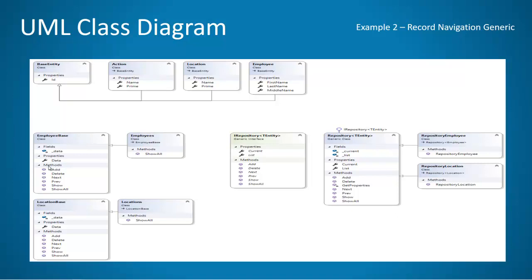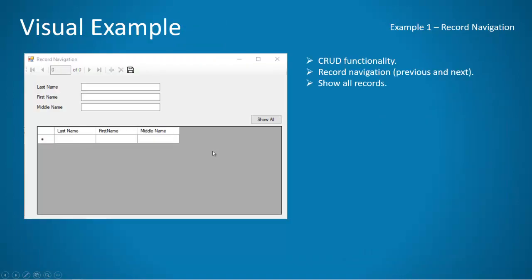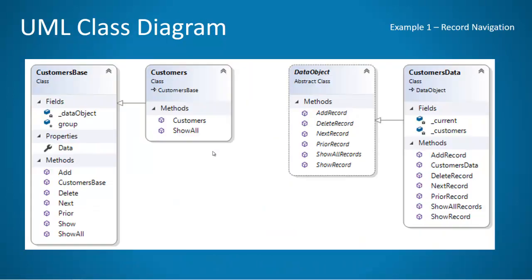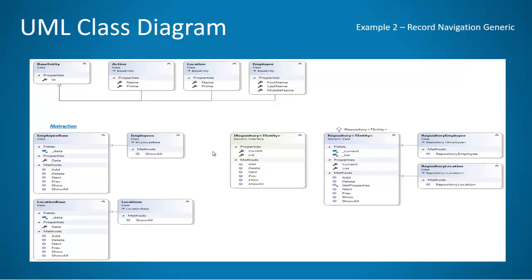So you'll have multiple classes of implementation for your concrete implementer. Okay, so let's see what the participants are on this record navigation generics.